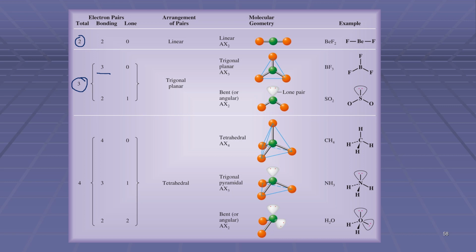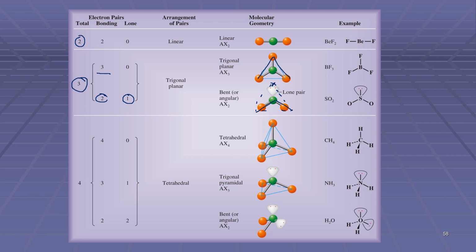But what if only 2 are bonding and 1 is an unshared pair or lone pair? We end up with this shape. Now you can see the overall structure is the same whether it's 3 or 2. But because there's nothing attached up here, the actual molecular shape is this right here.